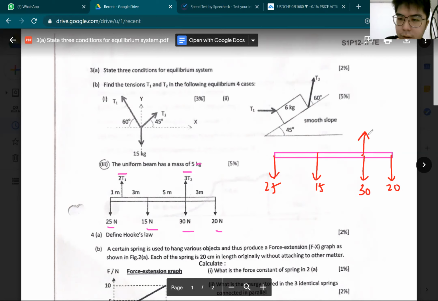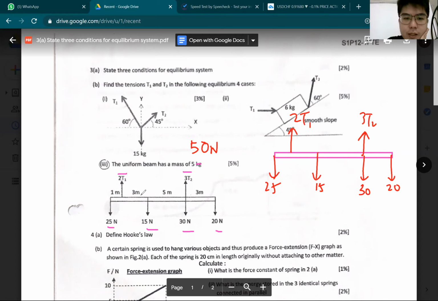Here is 3T square, and here is 2T. But there's one more force. You have to take into account the weight of the beam. So 5 kg, meaning that 50 Newton. Now 50 Newton, where is it acting? 50 Newton is acting at the center of gravity, the center of mass.